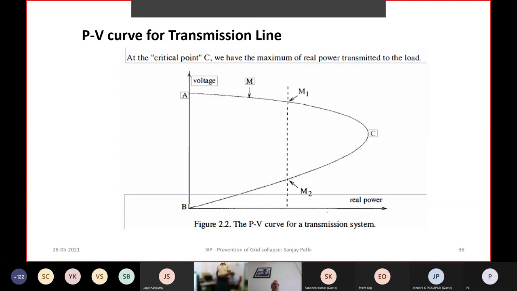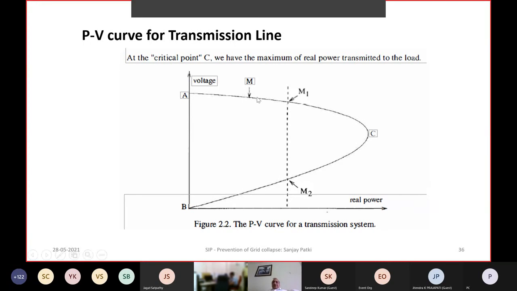So what had happened in 2012 was the same situation. The distance relay had operated. It then finally isolated the complete corridor, and this phenomenon is also called cascade tripping.